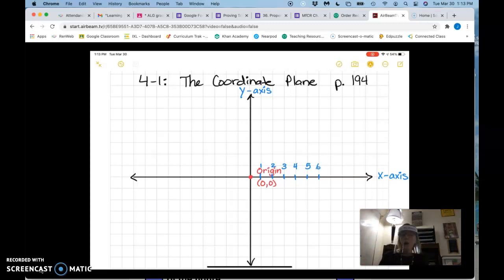And so if the positive numbers are to the right, what goes to the left? Negative numbers. So let's label some negative numbers on the x-axis. Check your numbers. Make sure you numbered correctly. Awesome. Okay, and so now if we're thinking about the y-axis, the vertical axis, which direction do positive numbers go?